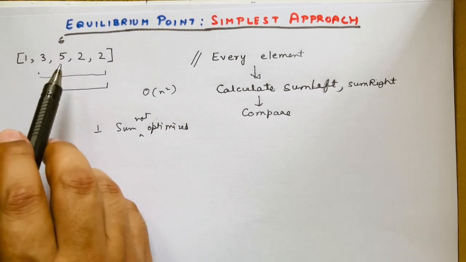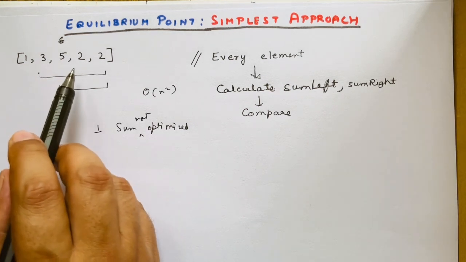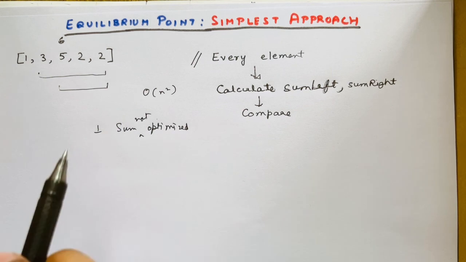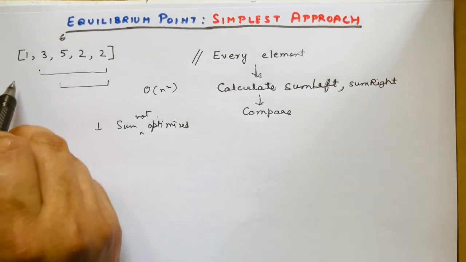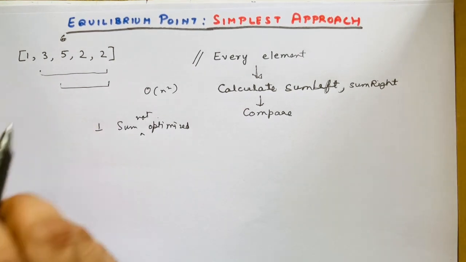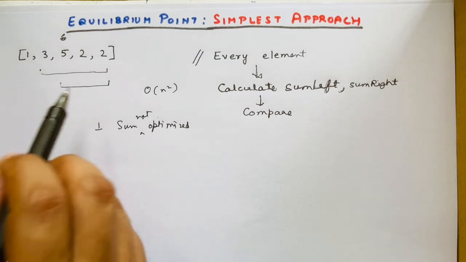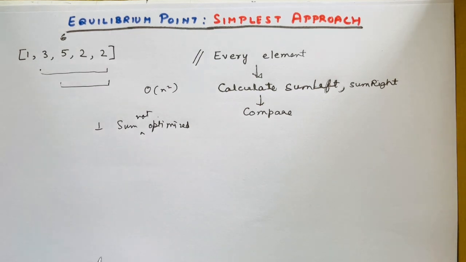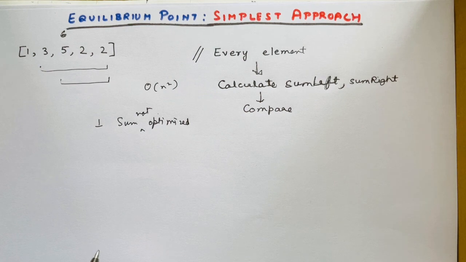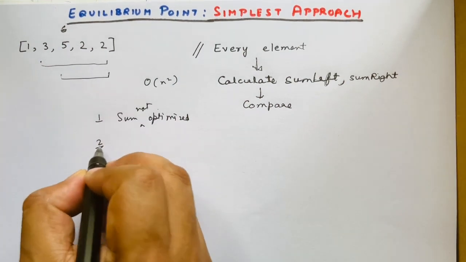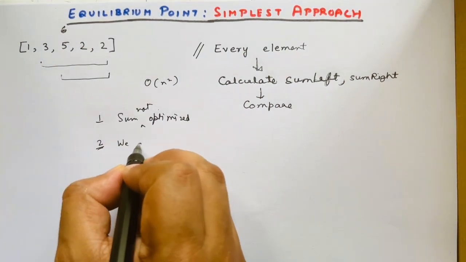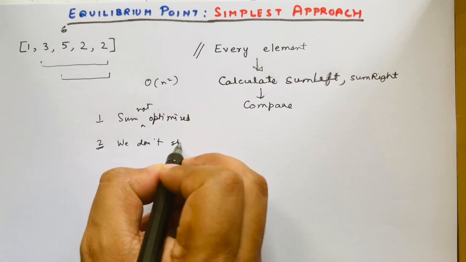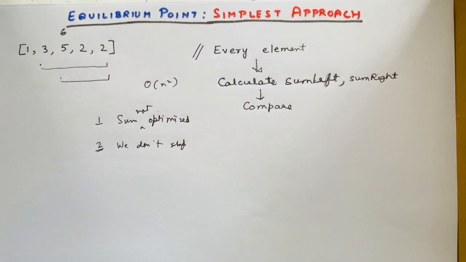Now does it make sense to move beyond 6 and keep trying to calculate sum left, sum right and compare? When we know that sum to the left is already greater, then every element that we add will anyways be greater. Right? So this is the second problem. We don't stop based on that we cannot find answer further.